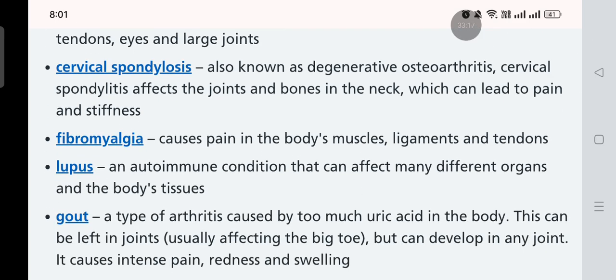Cervical spondylosis, also known as degenerative osteoarthritis, affects the joints and bones in the neck, which can lead to pain and stiffness.